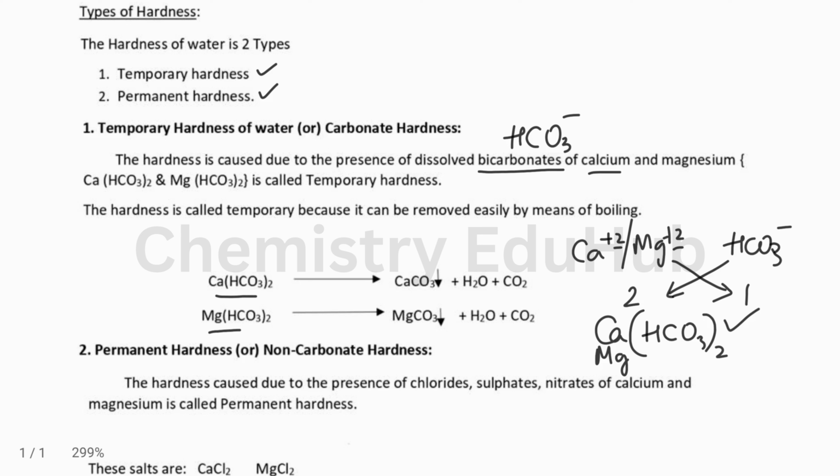So the reactants are calcium and magnesium bicarbonates that are present in the temporary hard water. Whenever we boil them, this delta indicates the boiling or simple heating, the bicarbonates convert into carbonates. Bicarbonates, when they are present in the water, you cannot see with your eye because they are dissolved.